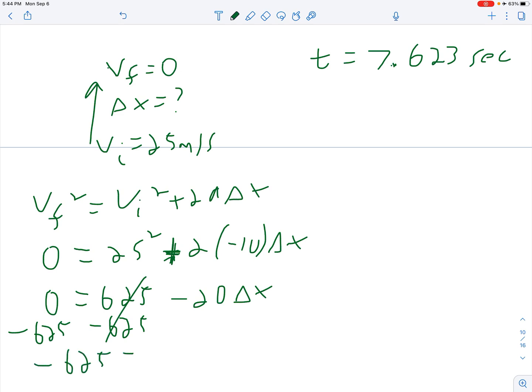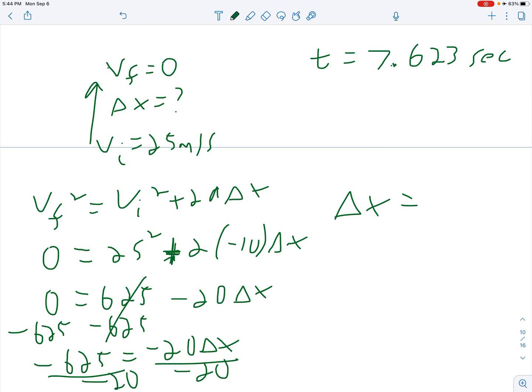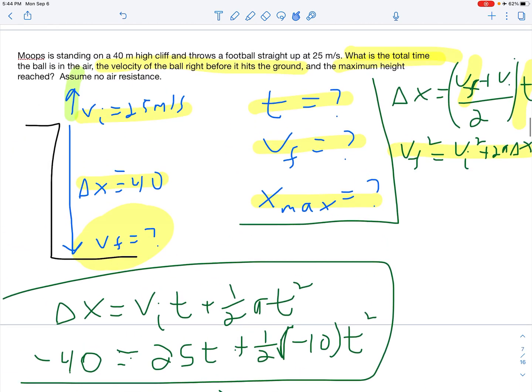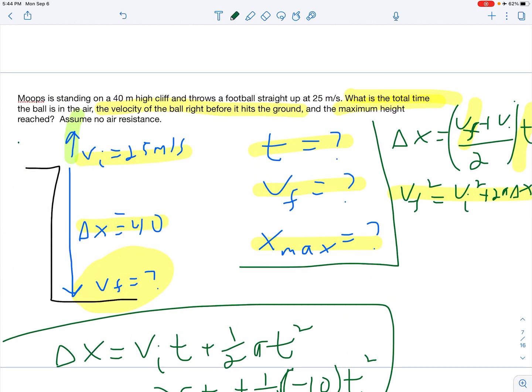I get minus 625 equals negative 20 delta x. Divide both sides by negative 20, and I get delta x is 31.25 meters. So remember, this is this green height right here, 31.25 meters.